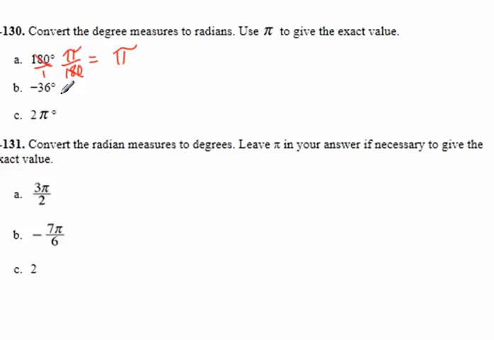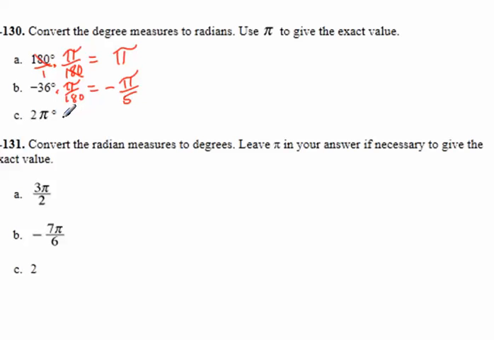If you think about that intuitively, that should make sense. 180 degrees is equal to pi radians. On this one, we're going to multiply by pi over 180 again. We end up with a negative because this one's negative, and we simplify. We get negative pi over 5.